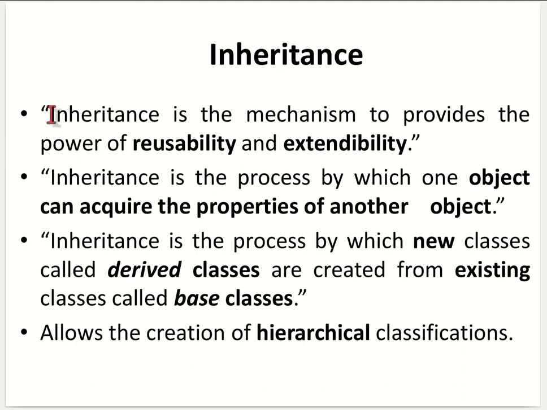Inheritance is a mechanism for providing the power of reusability and extendability. Inheritance is a process by which one object can acquire the properties of another object. It is a process by which a new class called a derived class is created from an existing class called a base class, and it allows hierarchical classification.